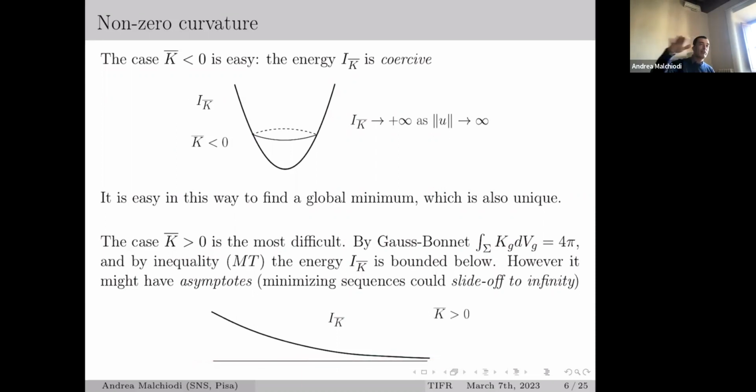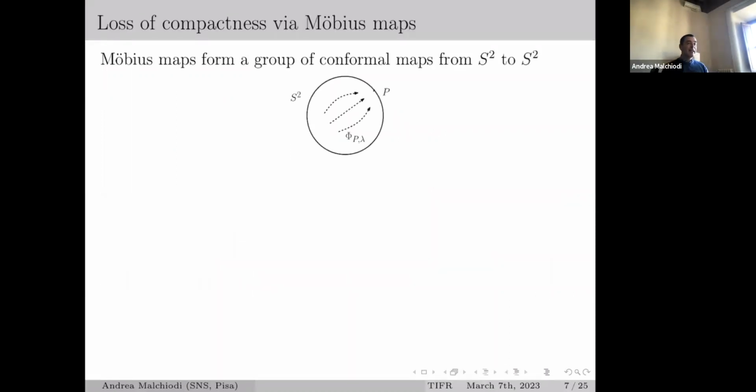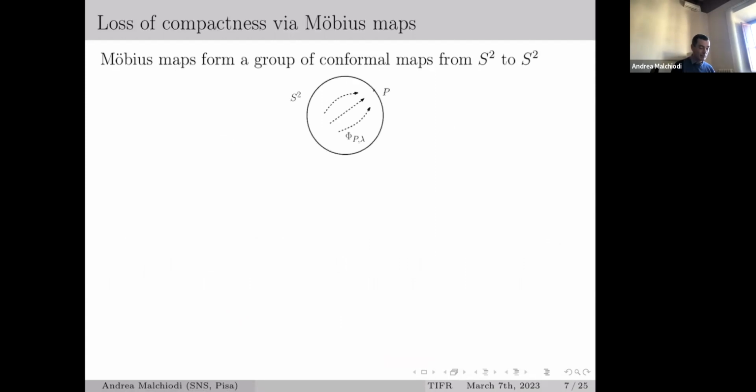So you might have things like asymptotes. And this actually corresponds to some analytical difficulty, to a loss of compactness phenomenon. So in this simple case, you see that minimizing sequences tend to escape to infinity. So you lose compactness, and the same happens here.